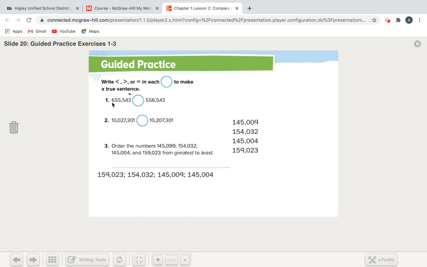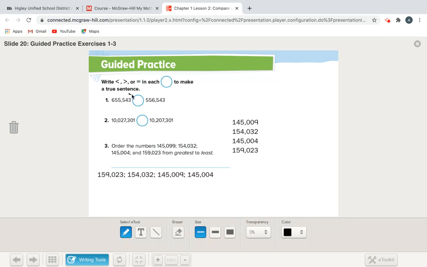So this one, we've got a 6 and a 5. Since I know 6 is greater than 5, I'm going to know that 655,543 is greater than 556,543.